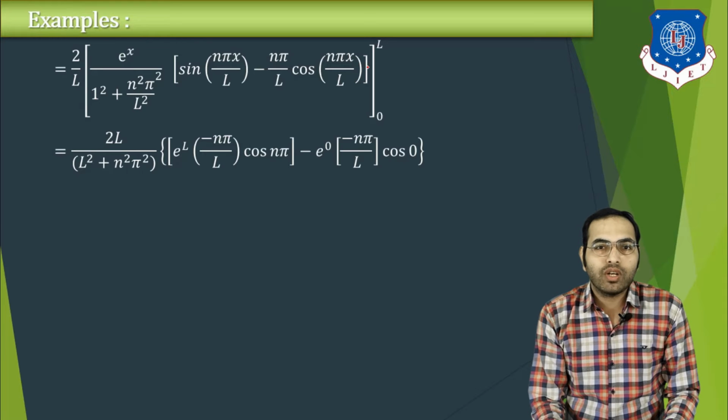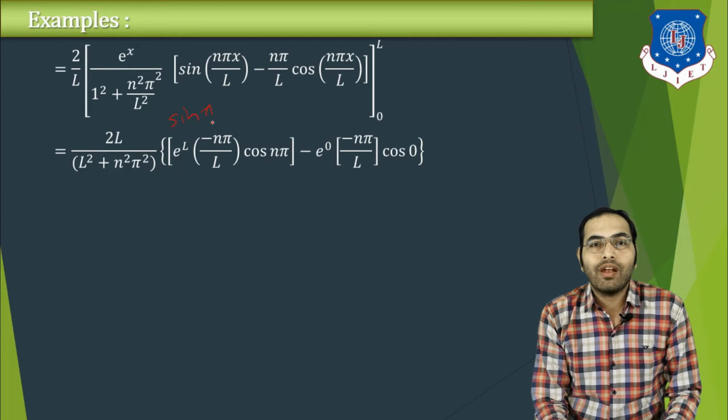Now substituting the limits, means upper limit minus lower limit. Whenever we substitute x as L, then e raised to L, sin n pi, the value of sin n pi is 0, minus n pi by L as it is, L and L will be cancelled out, then cos n pi.